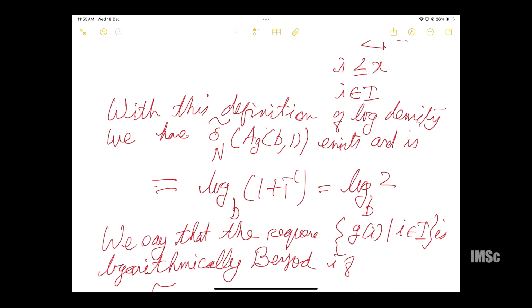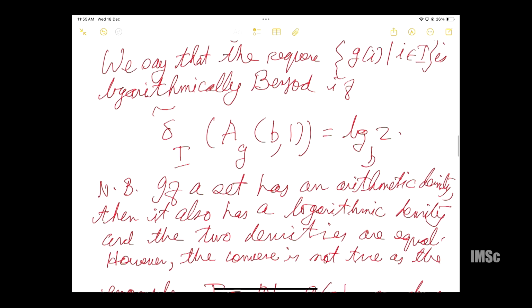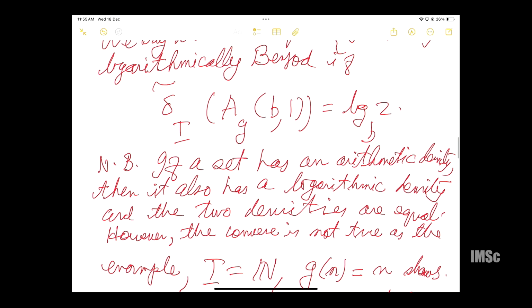And naturally we say that the sequence is log Benford if the logarithmic density exists. Now, as I said in the remark, it is easy to check that if a set has an arithmetic density, then it also has a log density, and the two are equal. So if I define a Benford sequence to be one which has a density, then it automatically has a log density and the value is forced to be this.